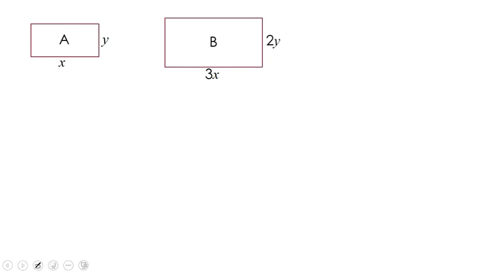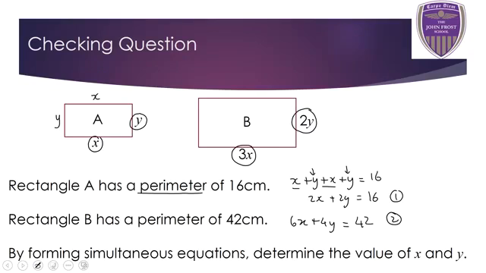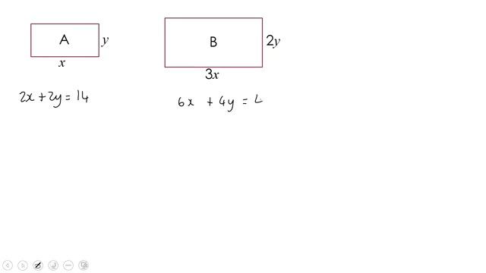So just write these out again. So we've got 2x plus 2y equals 14, and 6x plus 4y is equal to 42. And in fact, this one was equal to 16.